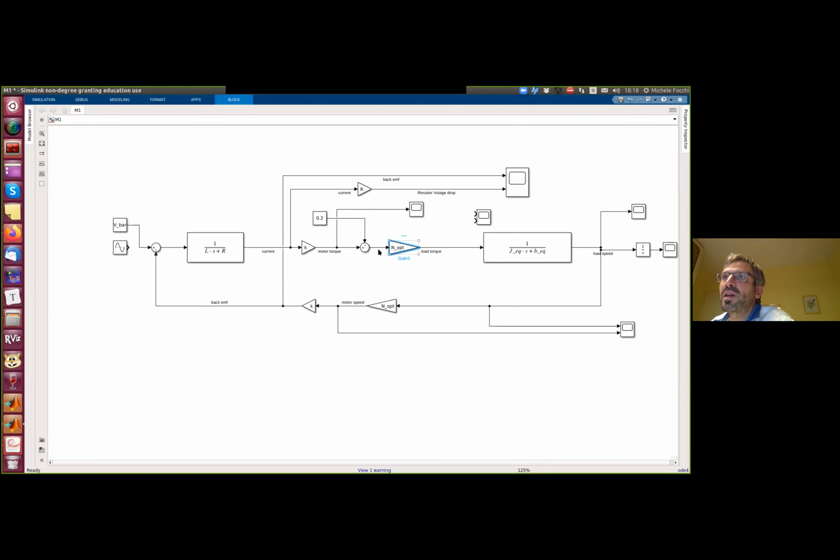Sorry, this is an error. Should go before. This is a load. Okay. Motor torque was low and load torque was up.